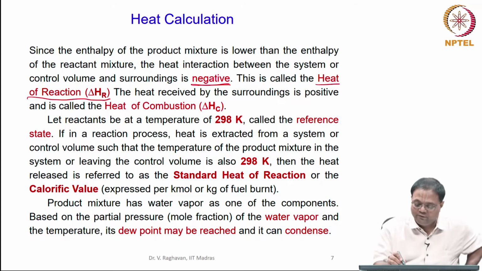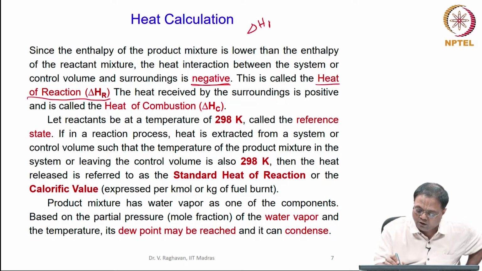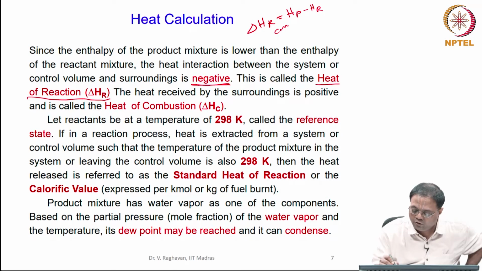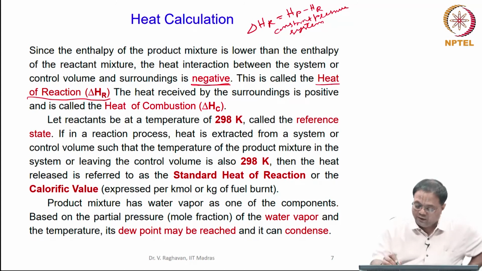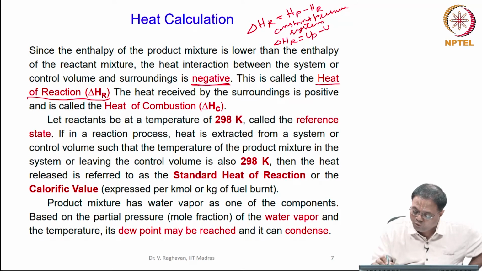Now delta HR will be equal to Hp minus Hr for a constant pressure system. Similarly, I can write delta HR equal to Up minus Ur for a constant volume system.